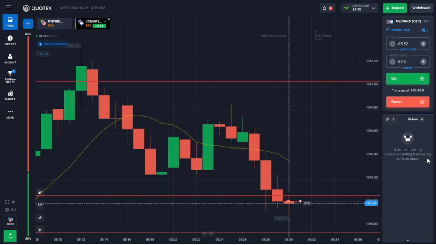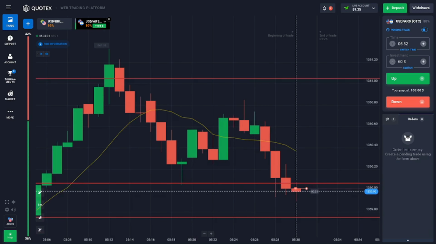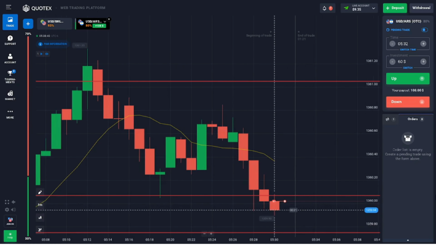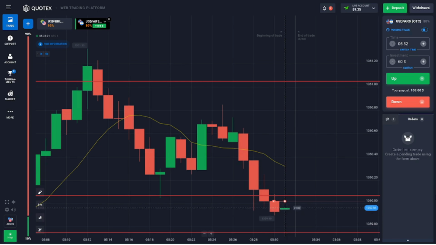Maybe buyers will come in the next candles, but it has to close red. And you can see our trade has been won, and our compounding has been completed as I said.